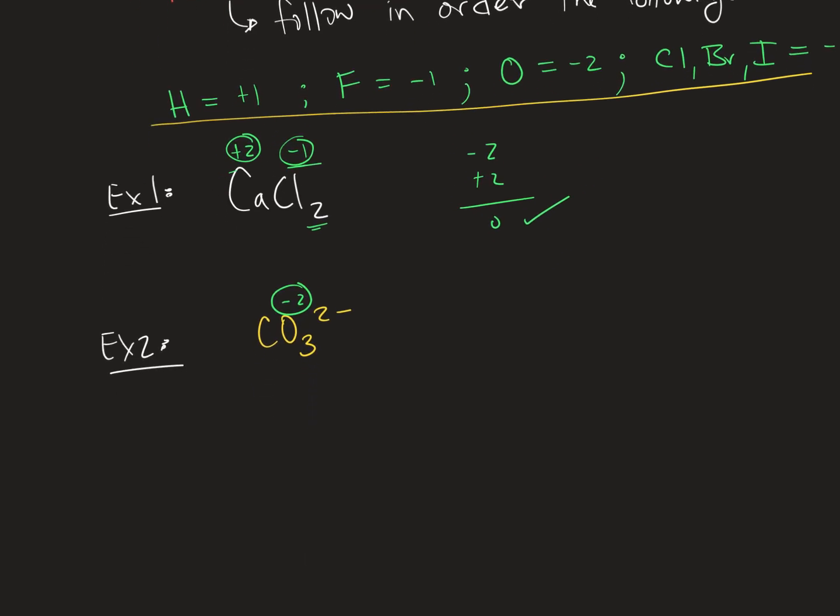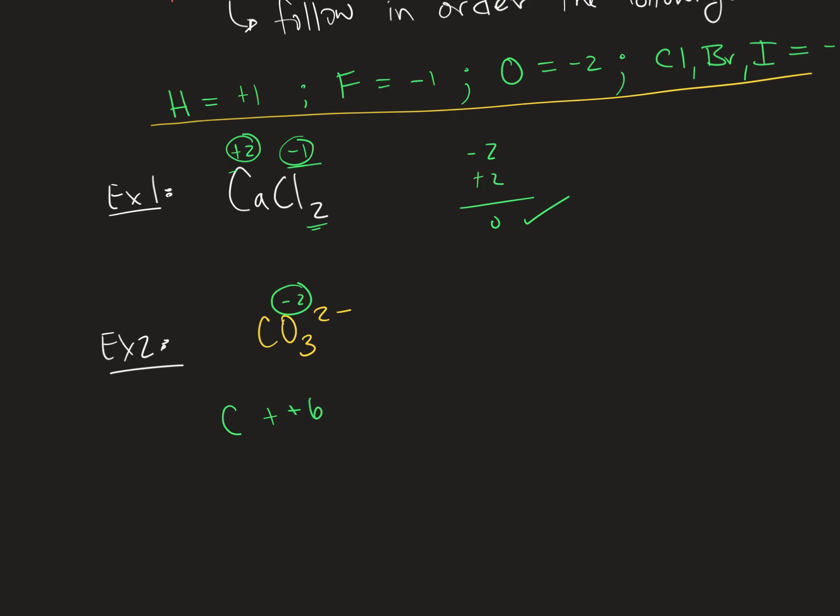I'm going to write an equation. And you don't have to write an equation, but I'm going to show you using an equation. You with me? Okay. So each oxygen has an oxidation number of -2. How many oxygens do we have? 3. So multiply those together and we get -6 plus whatever it is for carbon.